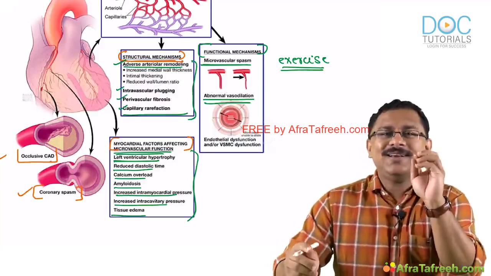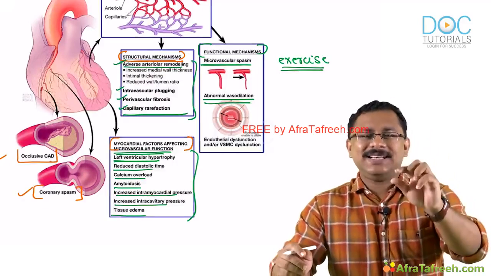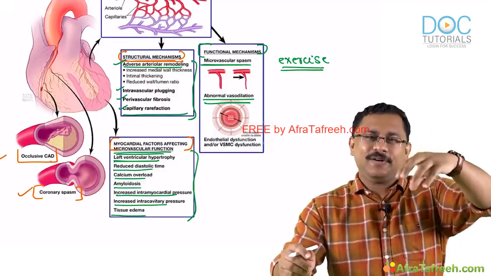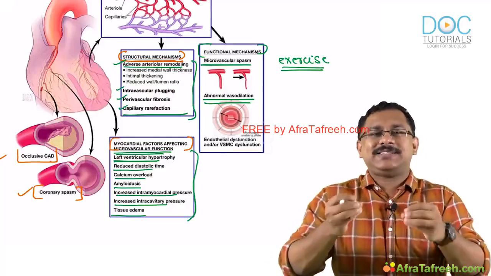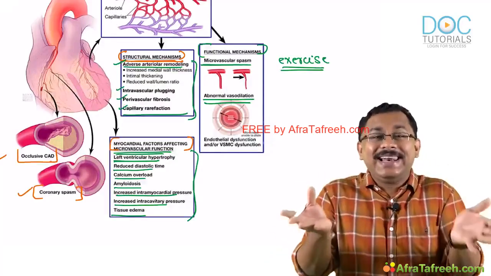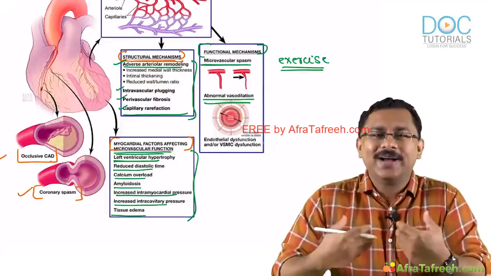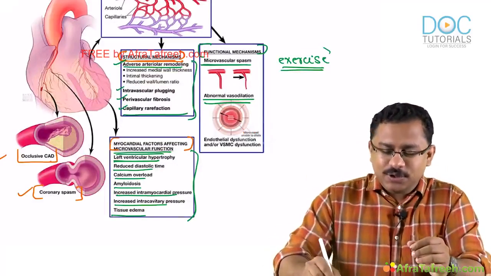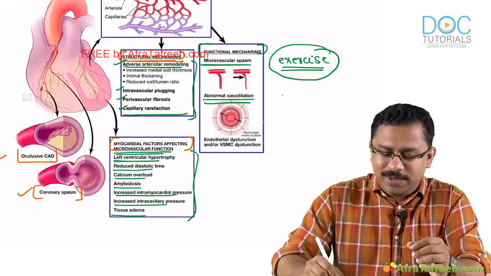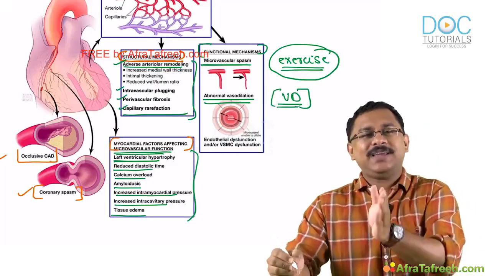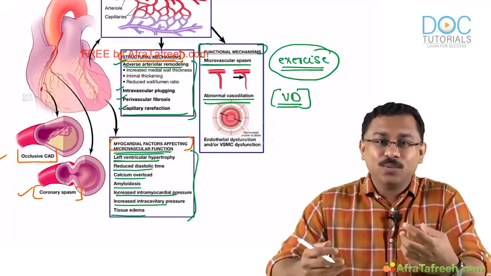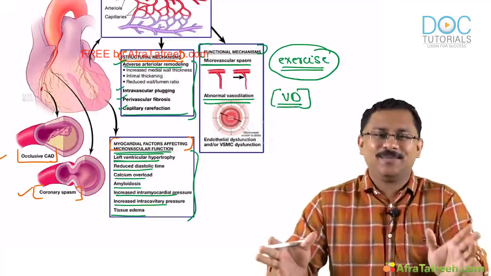Remember, I told you the microcirculation vessels are actually offering much resistance, but at times of increased demand, especially the arterioles will dilate and help to have a better perfusion. So normally during exercise there should be a vasodilatation. But what happens is that when there is a microvascular affection, that vasodilatation does not take place.